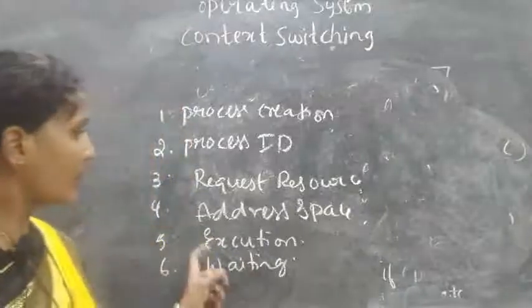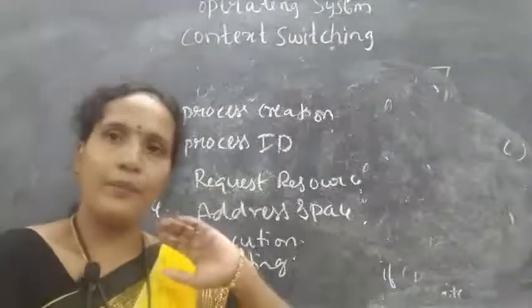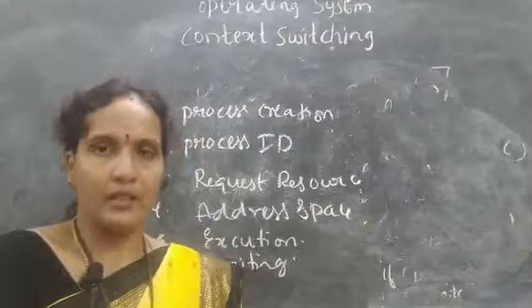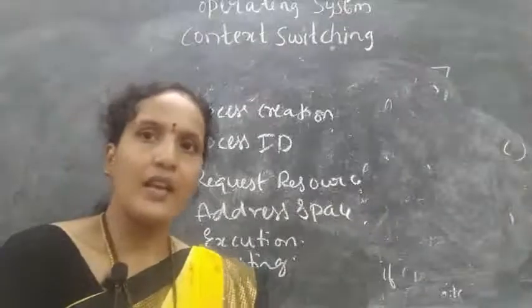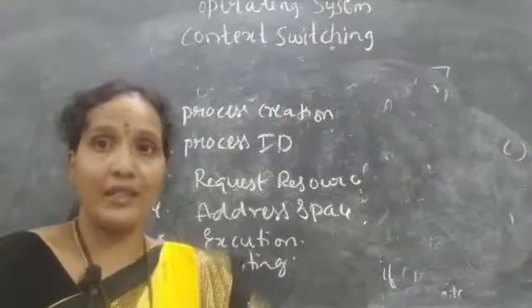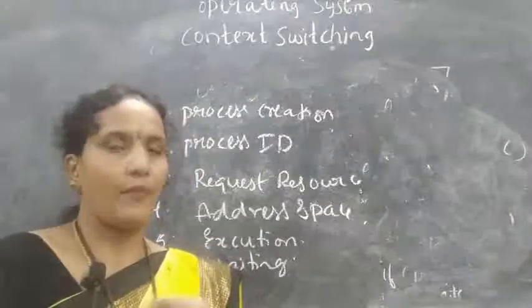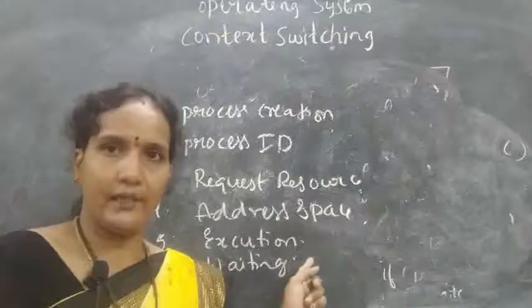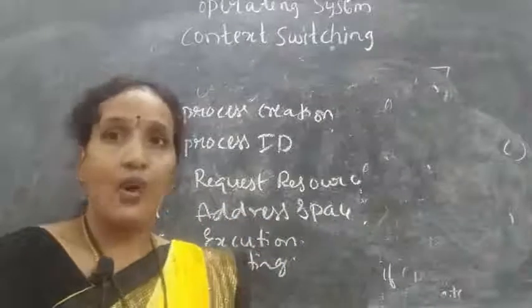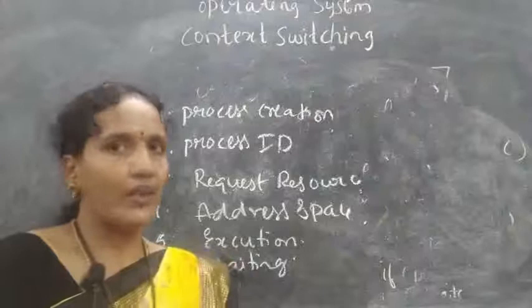Next, execution means when a child process is created, how the child process and the parent process will be executed. Will they execute together or separately? There are two situations. When a child process is created, parent and child can execute concurrently. That is one situation.